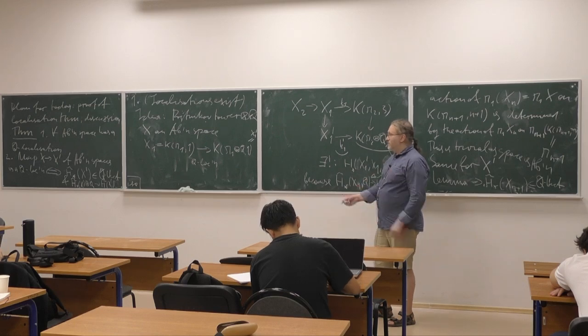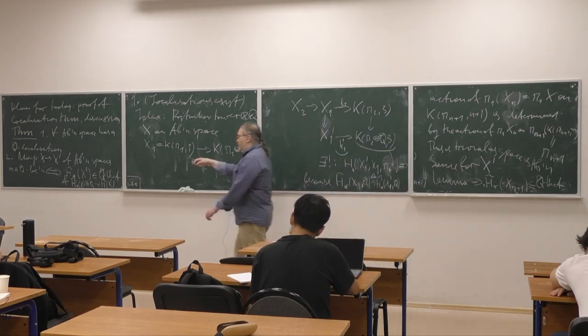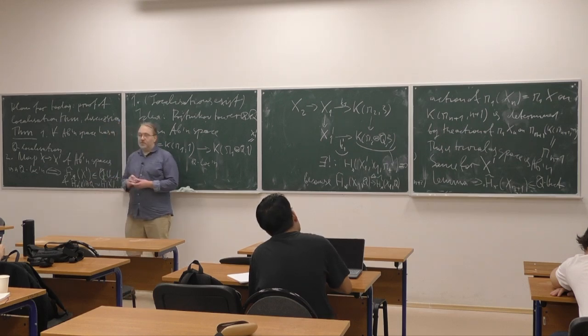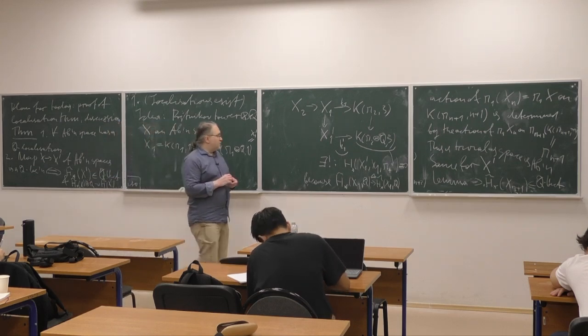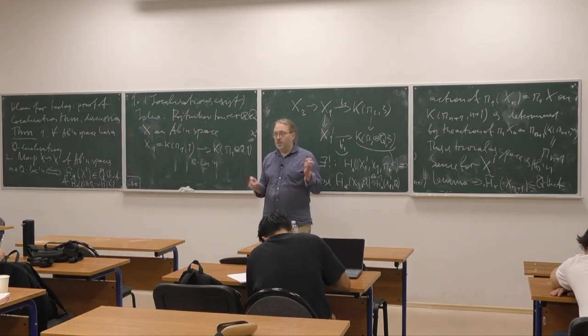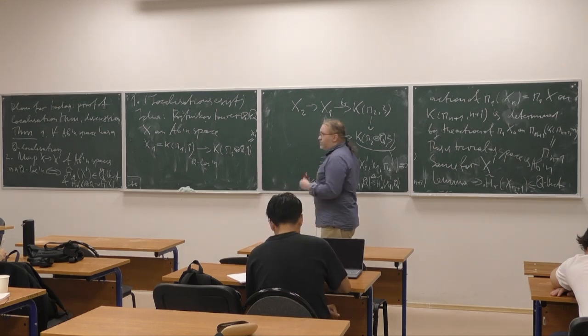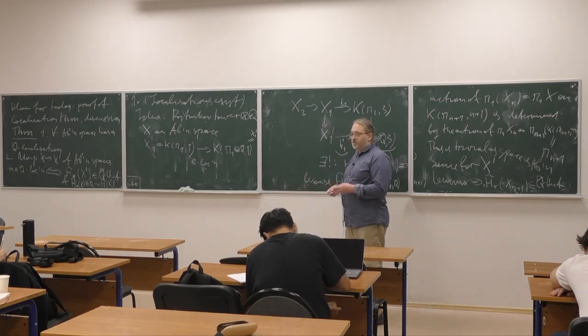And here we use the half of part 2, which we already proved, and we use the fact that X1 to X1 prime is a Q localization.